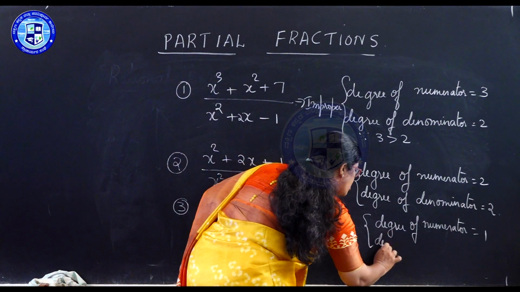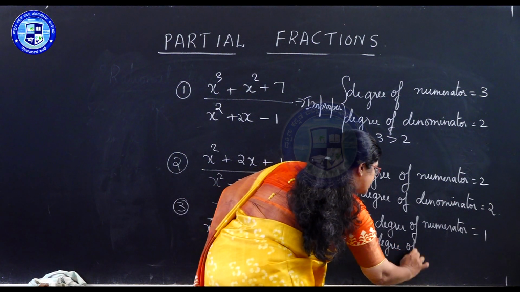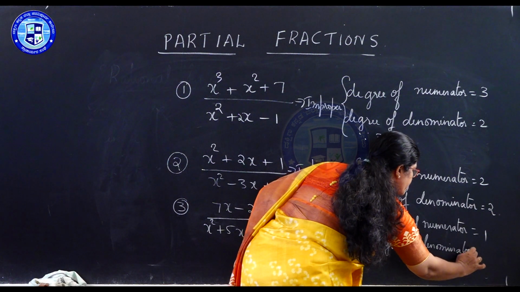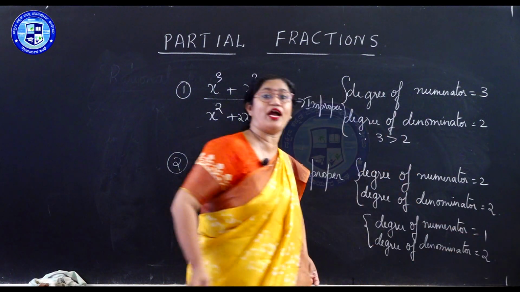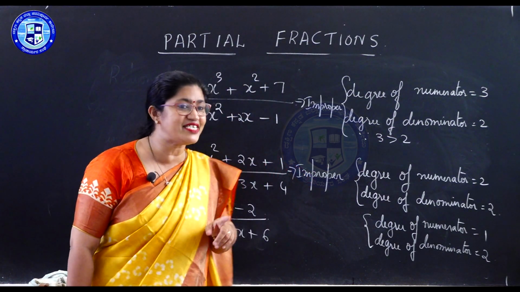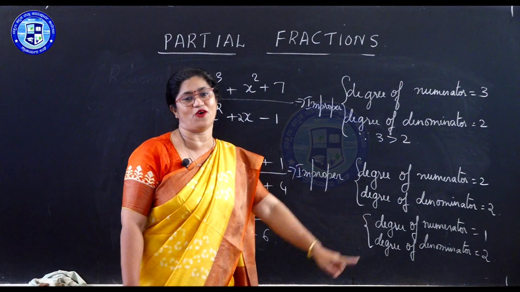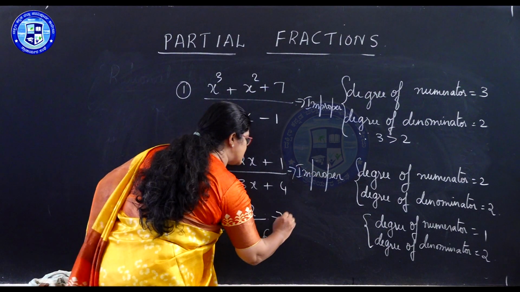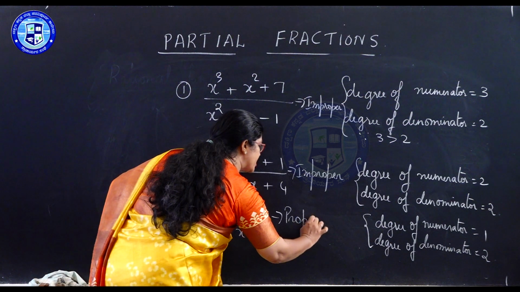So the same concept, now let us quickly write this. The degree of the denominator is equal to 2, and now you notice the degree of the numerator is less than the degree of the denominator, and immediately we conclude that this is a proper fraction.